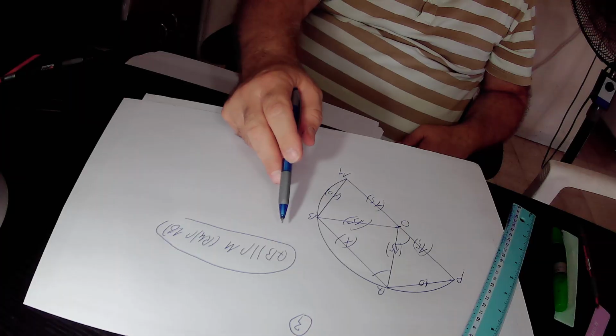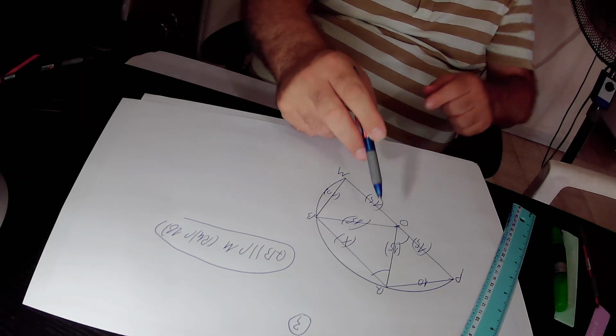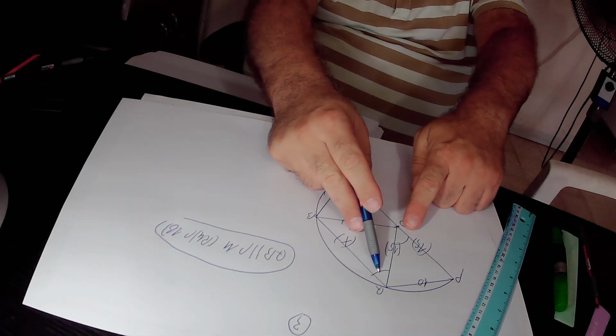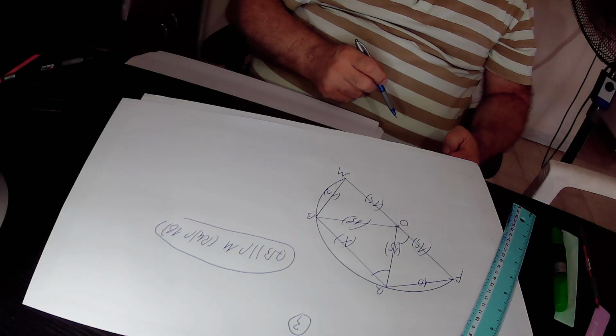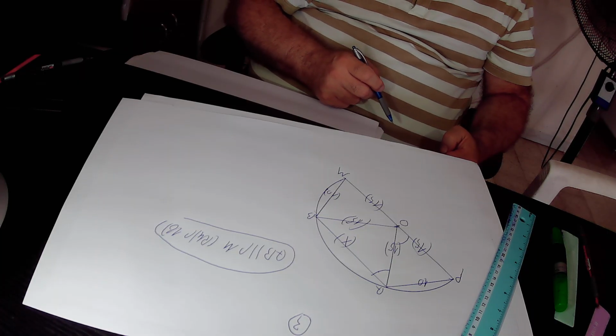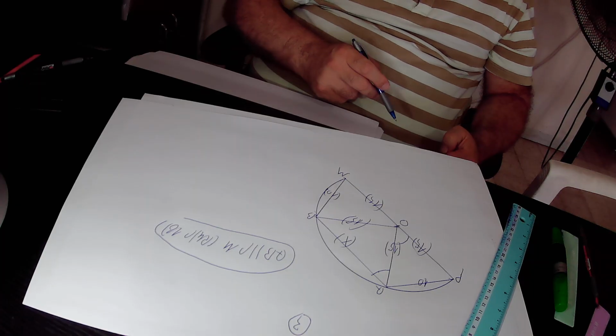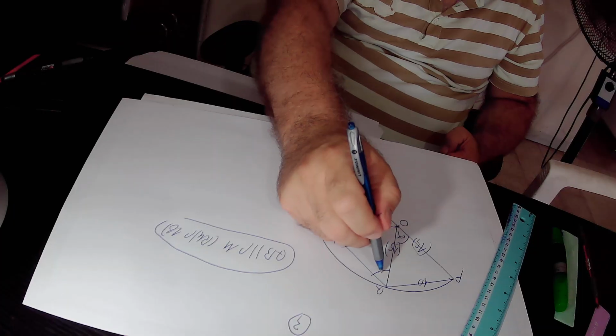And we know that QB is parallel to PM according to Rule 18. So those two alternating angles are located between the parallel lines QB and PM, and therefore they must be equal to each other in size. So if this angle is alpha, then this angle must also be equal to alpha.